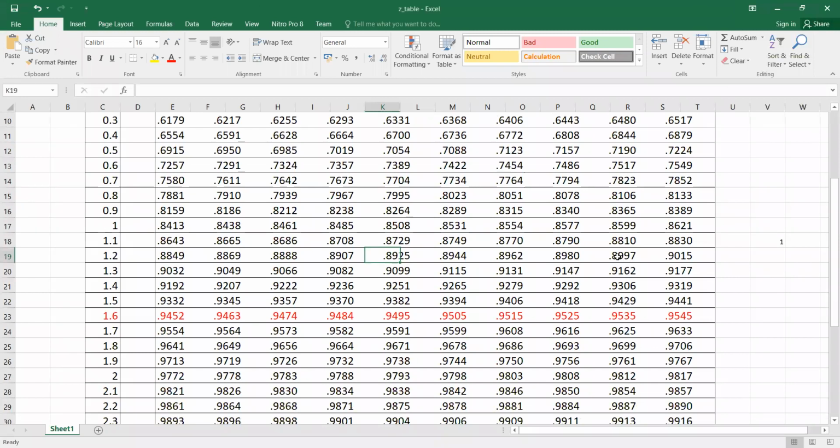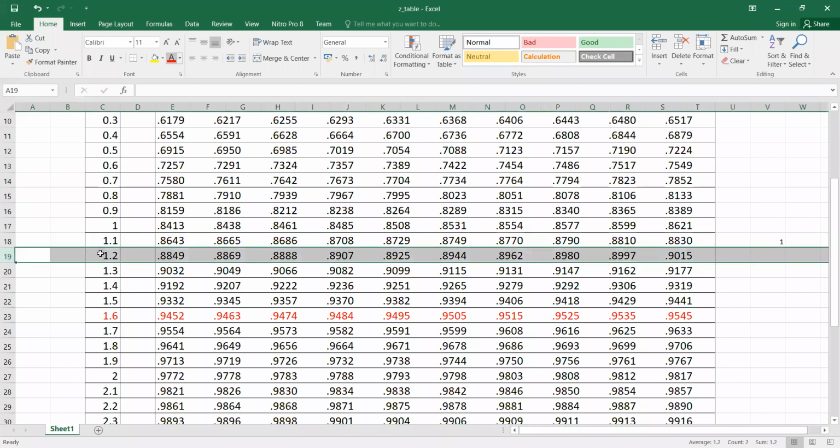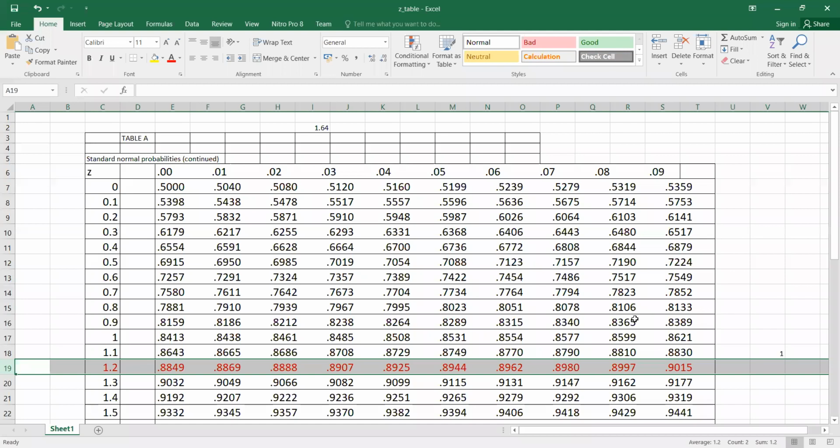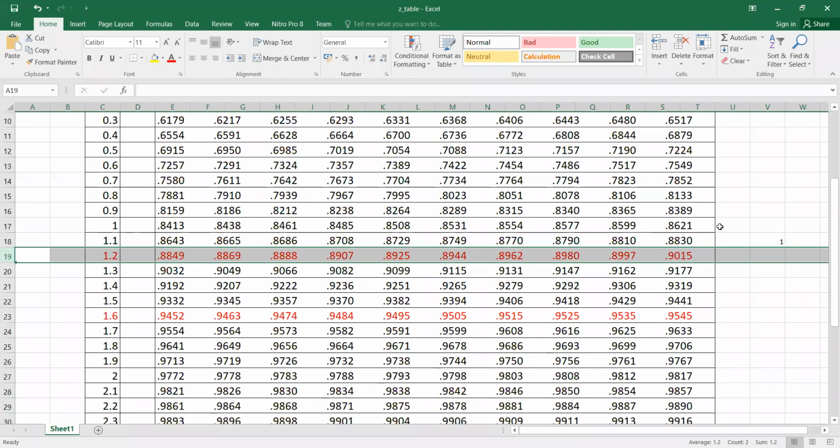It is this value here. So you have 1.2, and then you go up and you have 8. So it's 1.28.